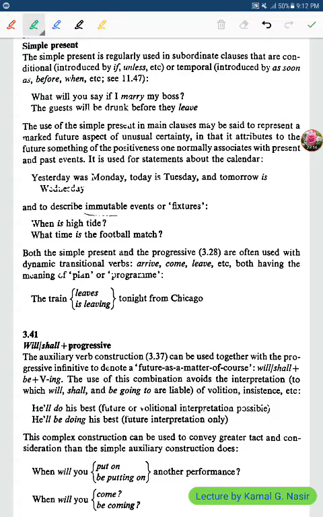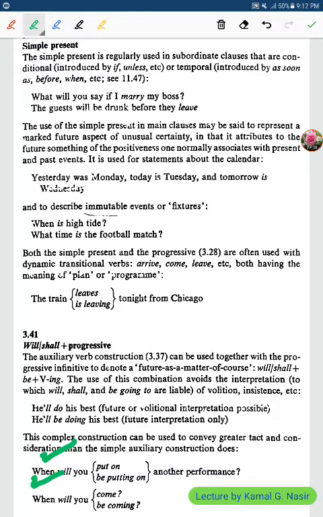He will be doing his best. So we have to put be between. This is the rule: will and shall plus be plus verb with ing. Clear? When will you put on another performance?